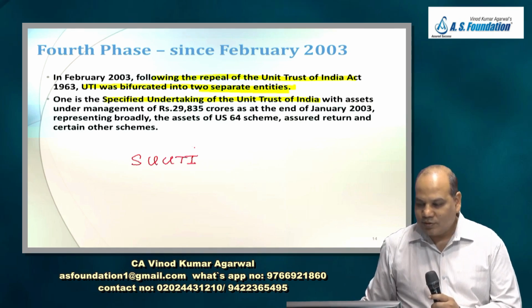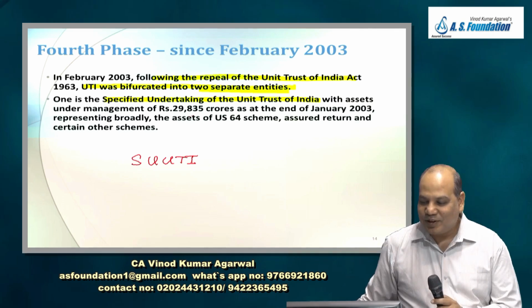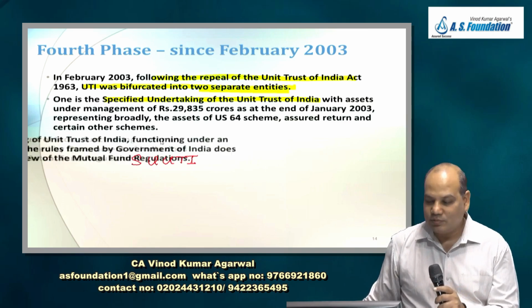Not Chutti. With asset under management of 29,835 crore at the end of January 2003, representing broadly the asset of US 64 scheme, assured return schemes and certain other schemes. So some schemes were transferred to SUUTI.